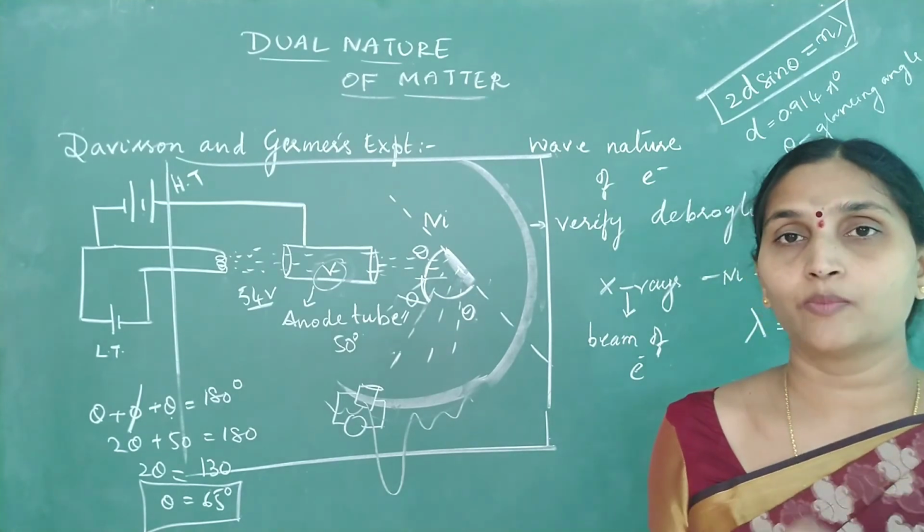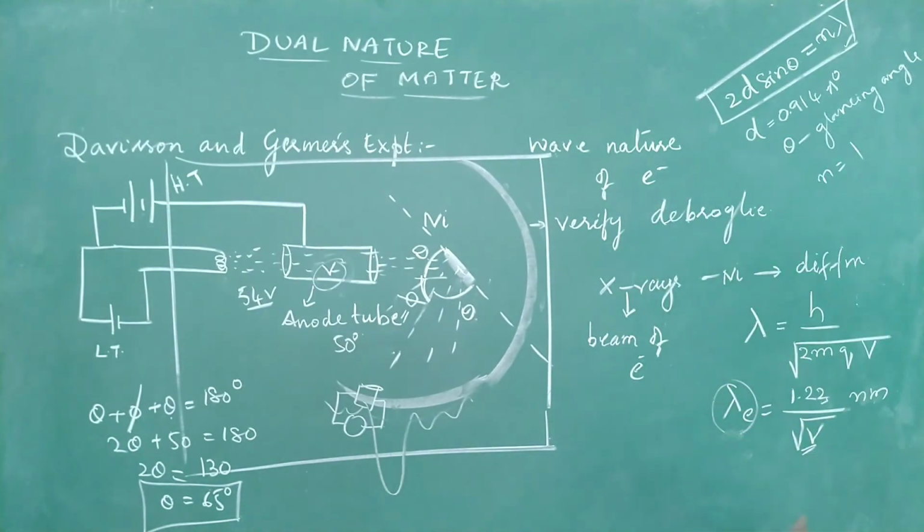Now verification of de Broglie's equation. If your accelerated potential is 54, 1.23 by square root of 54. This value was approximately found out to be 1.66 angstroms. Okay, it is around 1.66 angstrom or 0.166 nanometer.